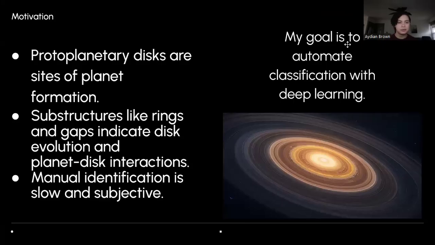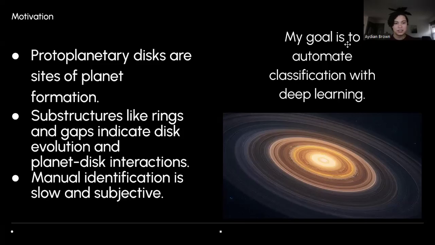To go over the motivation, protoplanetary disks exhibit a wide range of structures, including concentric rings, gaps, and spiral arms. These features carry information about the evolution of the disk and potential planet formation. Traditionally, astronomers analyze these features manually, which is slow and can be subjective from person to person.